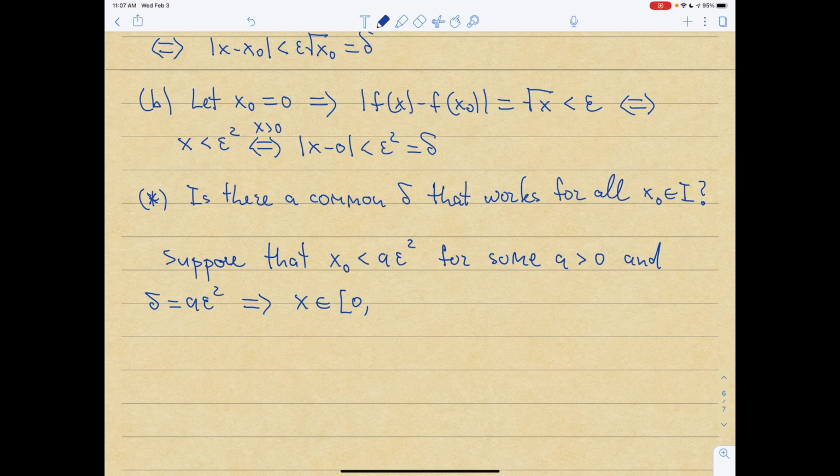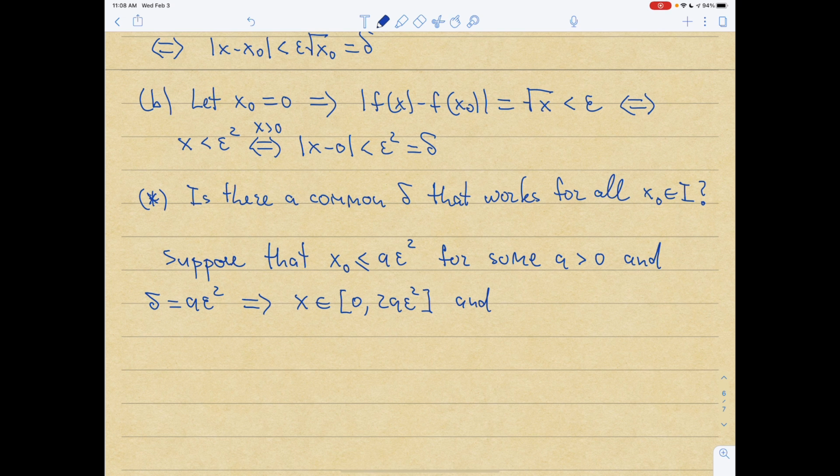If I go by delta in the other direction, I'm going to double a epsilon squared. So if I start at x0, which is a epsilon squared, and I go by, actually let's make it less or equal, an additional a epsilon squared, it would be 2 a epsilon squared.